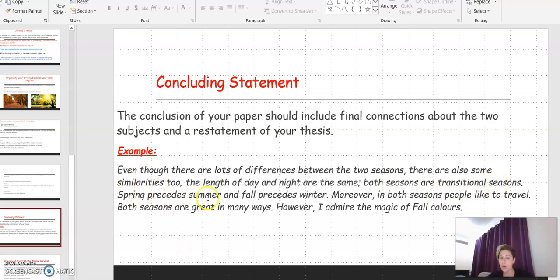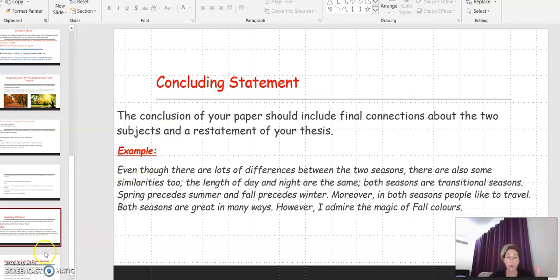Spring precedes summer and fall precedes winter. Moreover, in both seasons, people like to travel. Both seasons are great in many ways. However, I admire the magic of fall colors. So here you gave your own opinion about which season you admire most. So this would be a concluding statement when you are comparing and contrasting fall and spring.